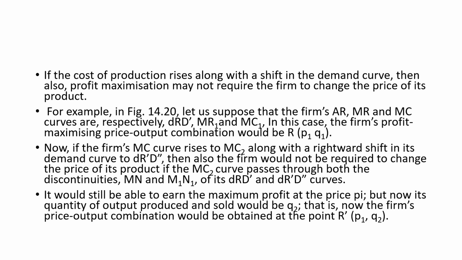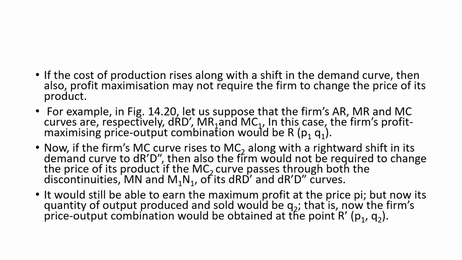Now if the firm's MC curve rises to MC2 along with the rightward shift in the demand curve to DR dash D double dash, then here also the firm would not be required to change the price of its product if the MC2 curve passes through both the discontinuities MN and M1 N1 of the DR D dash and DR dash D double dash curves. So it would still earn maximum profit at price P1, but now the quantity of output produced and sold would be Q2.